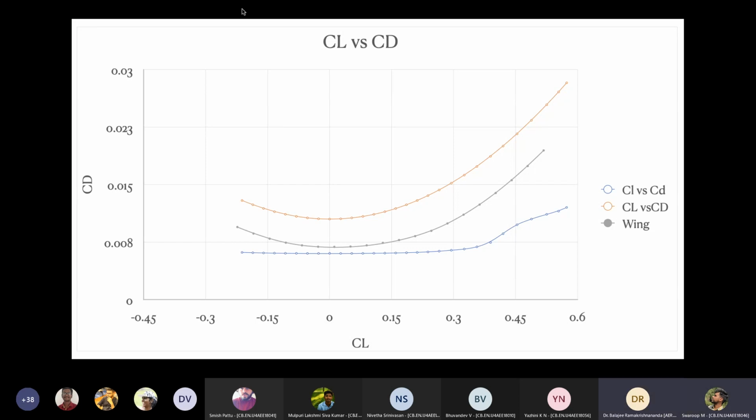What is the difference between 3D and wing? Something is wrong here. Sir, I had the same doubts. You have committed a mistake. You have to take only one airfoil which you have chosen. Compare that with your wing. That's all. Okay, sir.